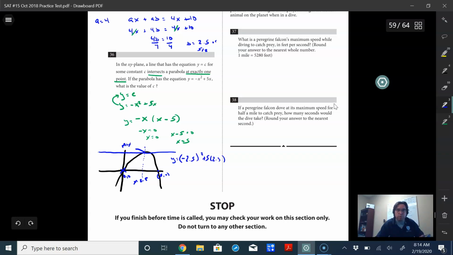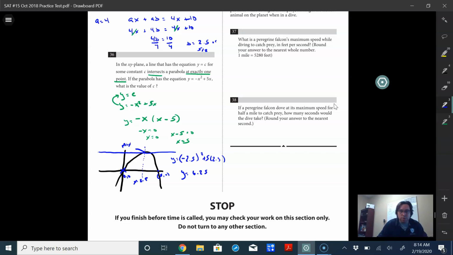If you do that calculation, you get y equals 6.25, and that gives you the answer to this one. So you find the x-intercepts, which we know are 0 and 5.